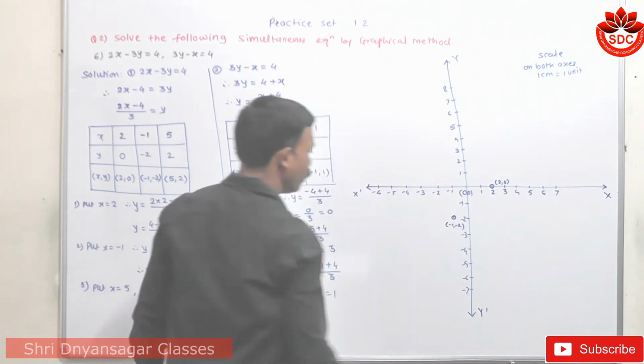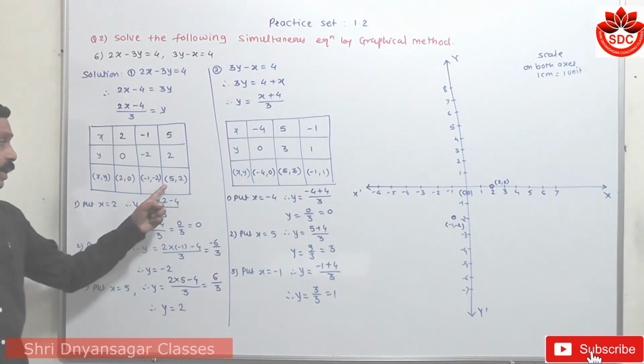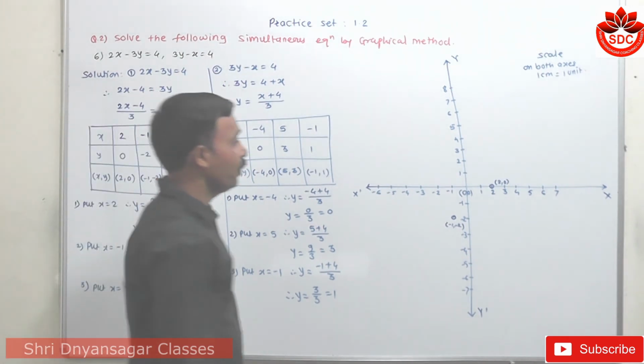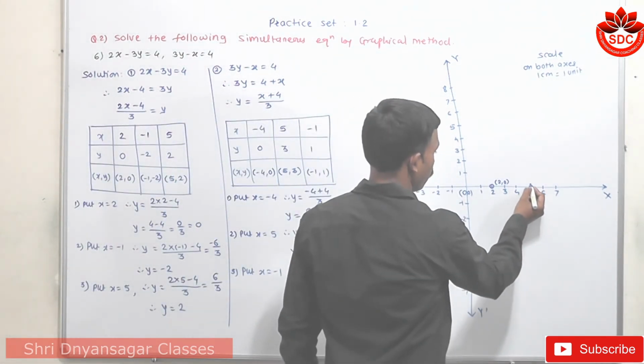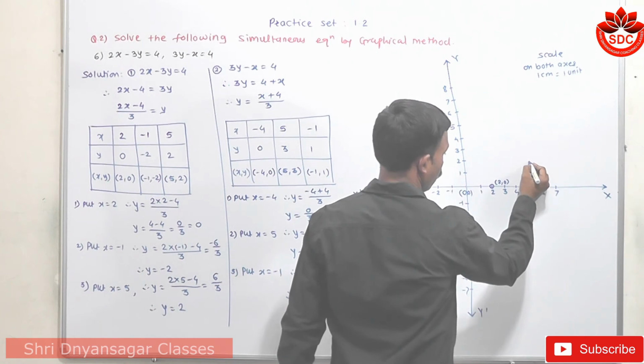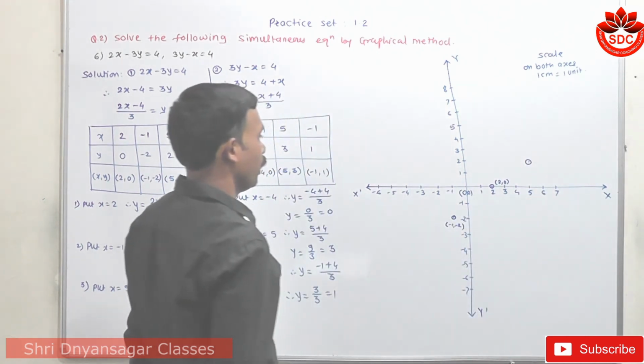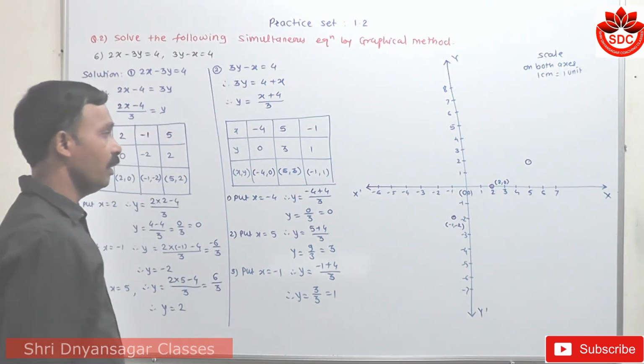Then the third one is 5 and 2, which lies in the first quadrant, 5 and 2. Okay.